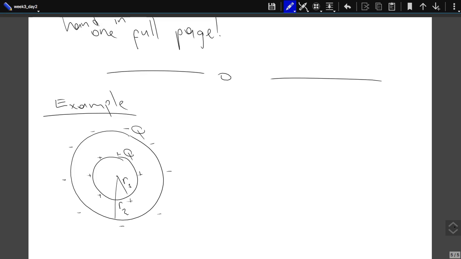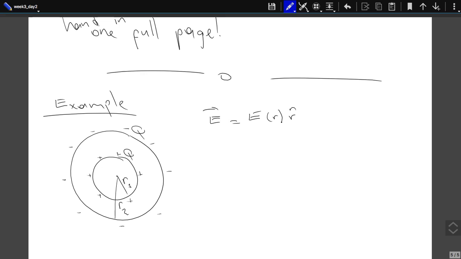Well, it still has the spherical symmetry. If I rotate my system around this point, in whichever direction we would like, nothing should change. It's just like if I had a single sphere or a point charge, it has the same symmetry. So I know that the electric field should always be in the radial direction, and its magnitude can only depend on the radial distance.